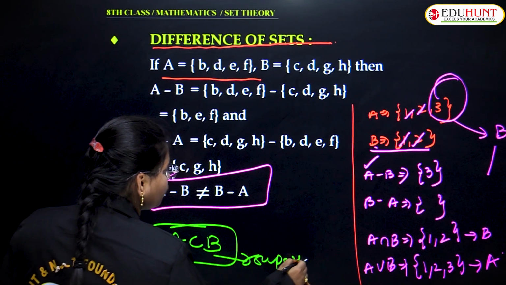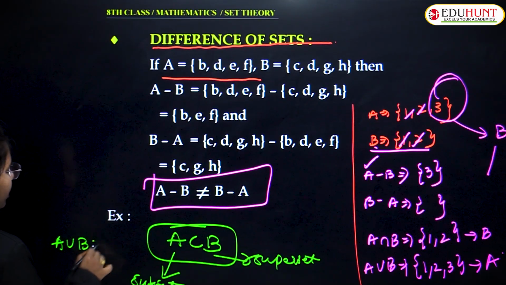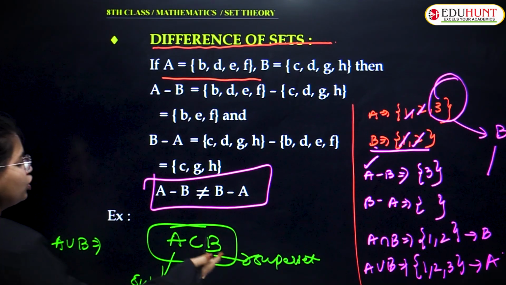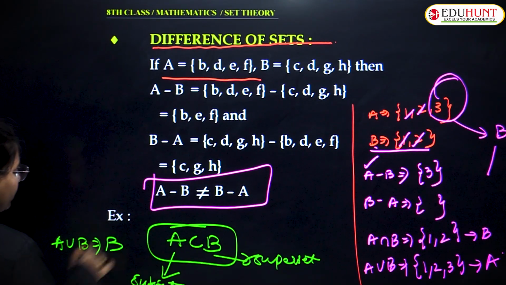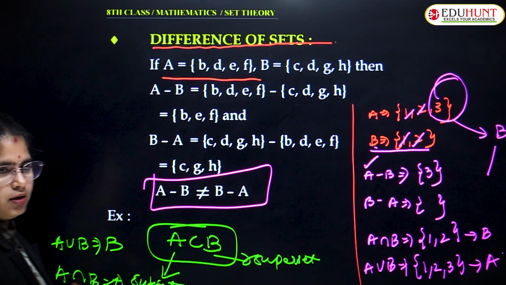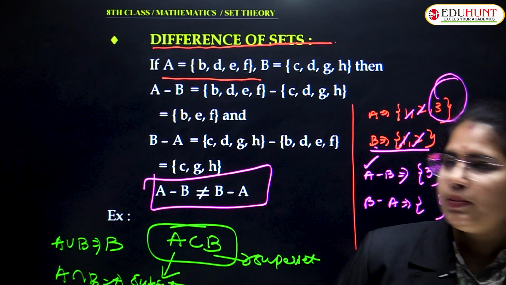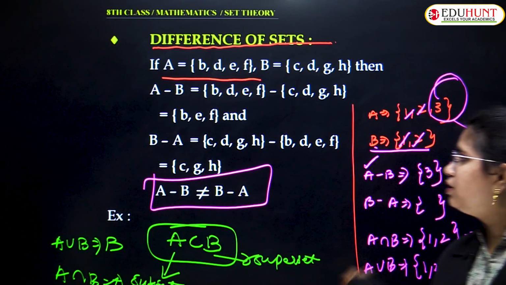B is a superset. So from this result, A union B is always the big set. So what is the big set? A union B is B. A intersection B is nothing but A. So it will change accordingly. Understood? Please have a glance of this slide.